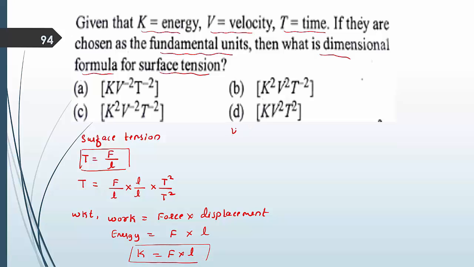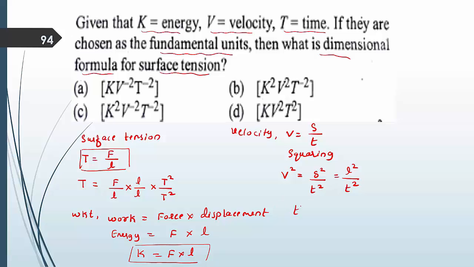Then similarly, velocity. What is velocity? Rate of change of displacement, S divided by T. I am going to square this equation. Squaring on both sides, what you will get? V square equal to S square divided by T square. S indicates the displacement, so we can write L square over T square.